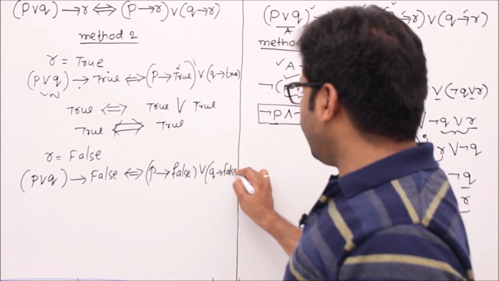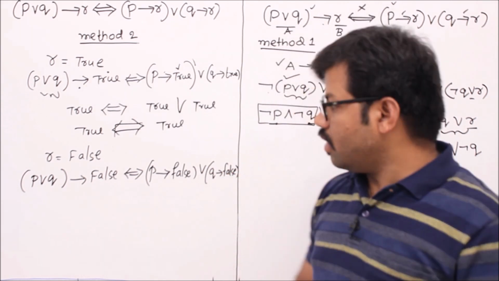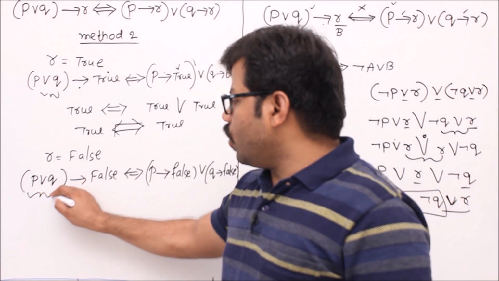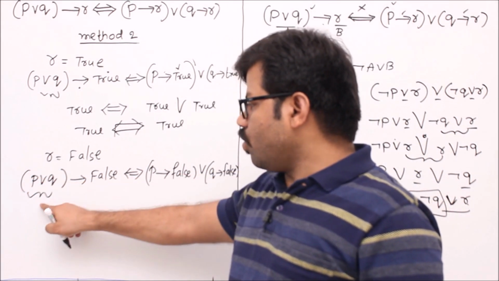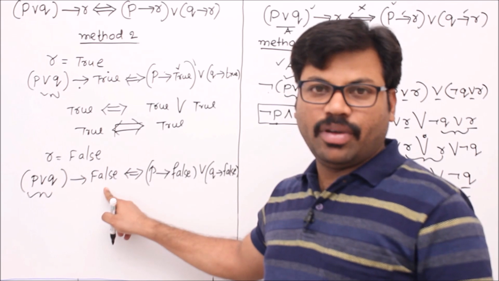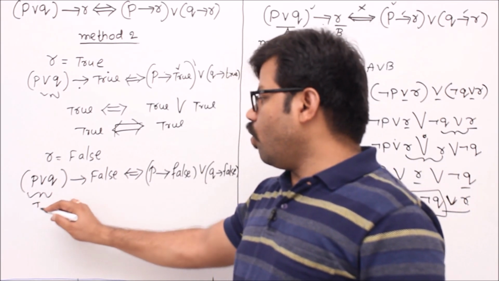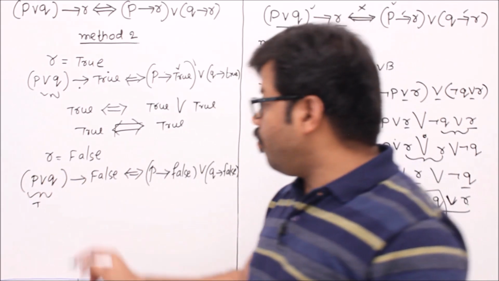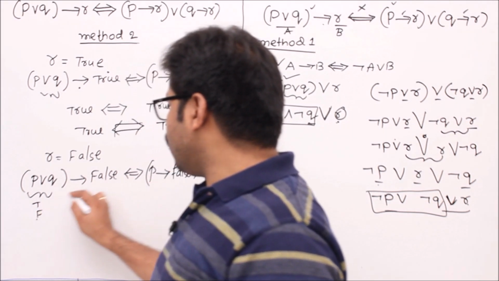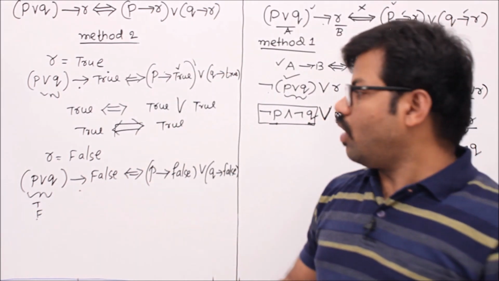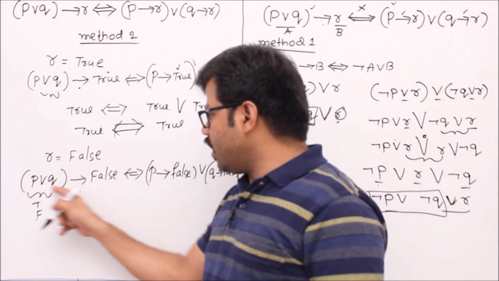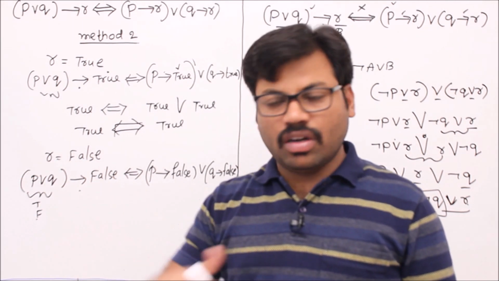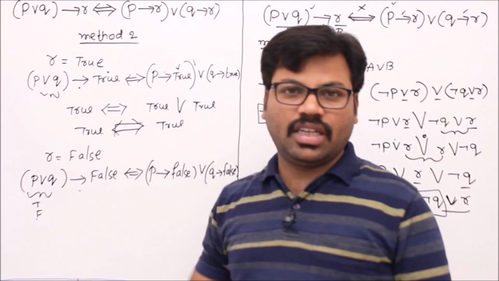Okay. Now again we use same reasoning. Let's take PRQ as something. This something is true. True implies false, false. Remember, if PRQ is true, then overall formula is becoming false. If PRQ is false, then false implies false is true. So I can say that this entire formula is exactly behaving oppositely, isn't it?